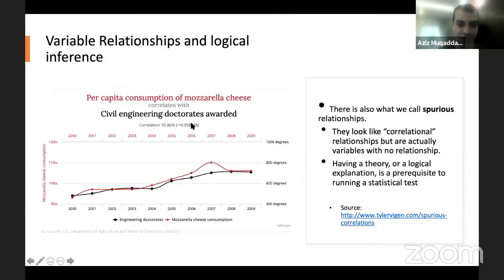Statistically speaking, the correlation is almost 96%, so they are correlated. Logically, they're not. There's no way you could logically infer that the number of engineering doctorates would contribute to mozzarella cheese consumption. That's a totally spurious relationship, right?